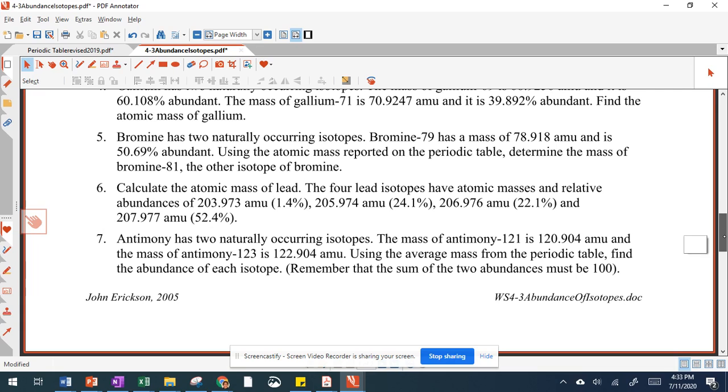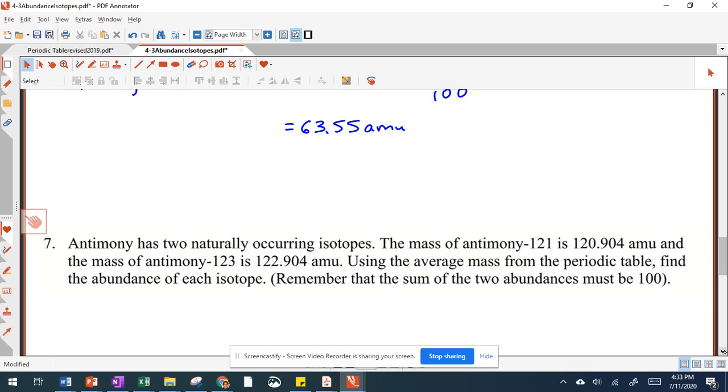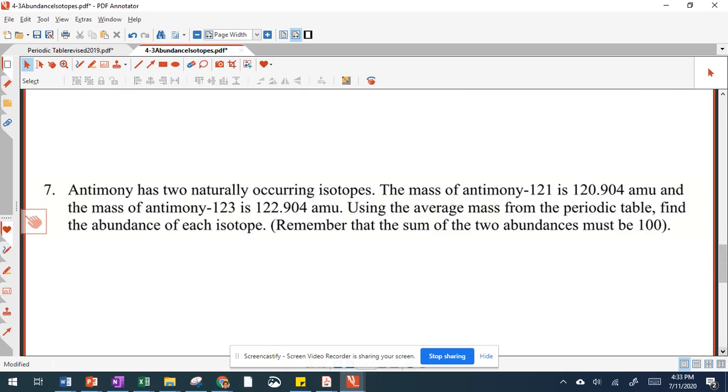I copied number 7 on the next page, and we're going to be working backwards. We have antimony, and it gives us the masses of the 2 isotopes of antimony, and it wants us to find the percent abundance of each of those isotopes.